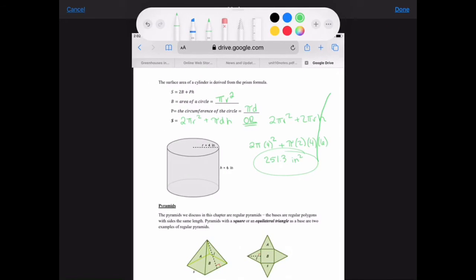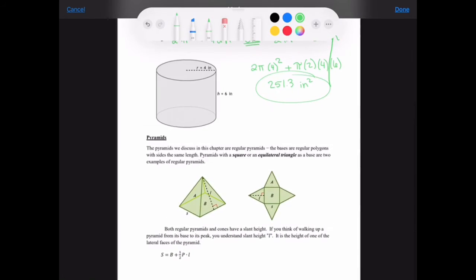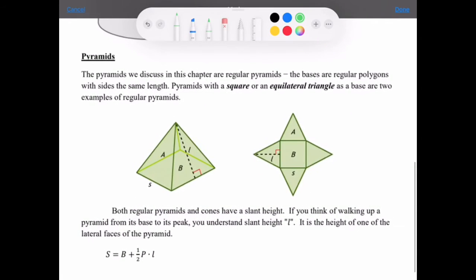Moving on, pyramids. Okay. The pyramids we discuss in this chapter are regular pyramids. The bases are regular polygons, which sides are the same lengths. Pyramids with square and equilateral triangle bases are the only two examples of regular pyramids we'll be looking at.